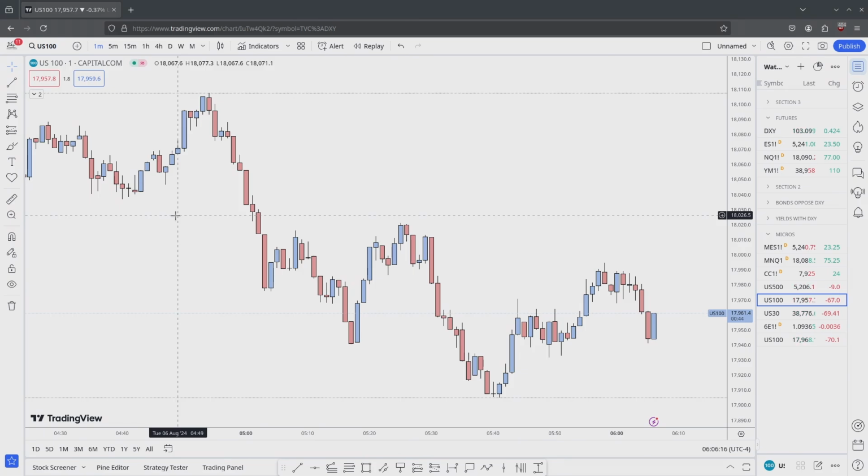So you would not expect price to trade into the consequent encroachment of that particular gap.